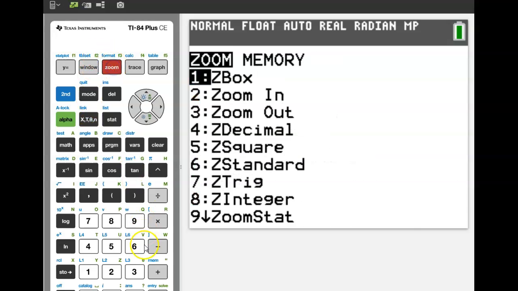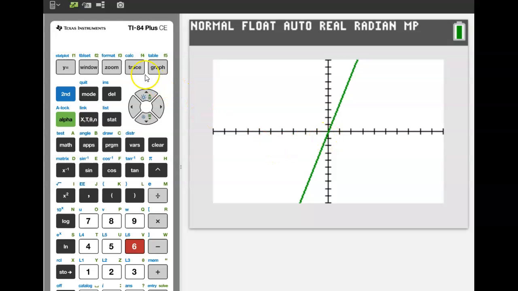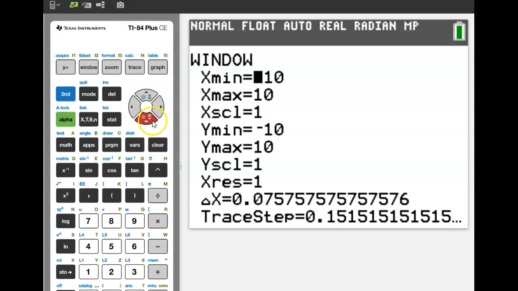Okay, so I'm going to try a standard window. Okay, what were our solutions? They were high, right? Okay, I think the X window is okay.